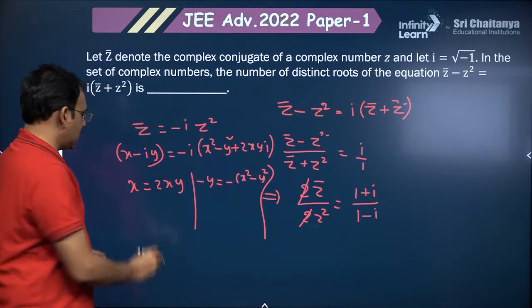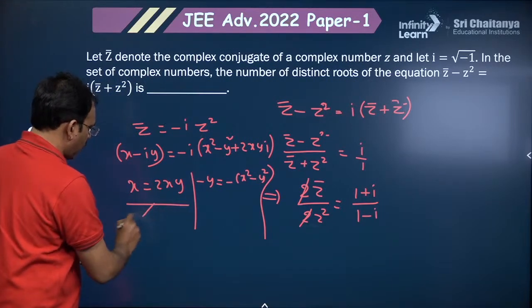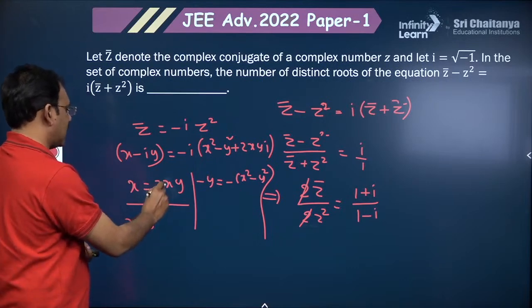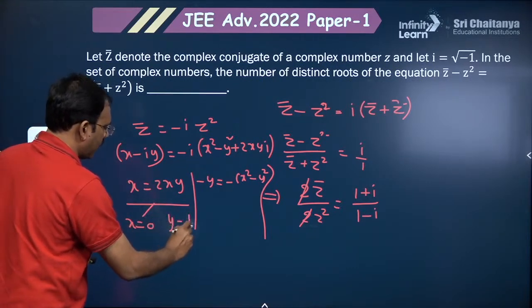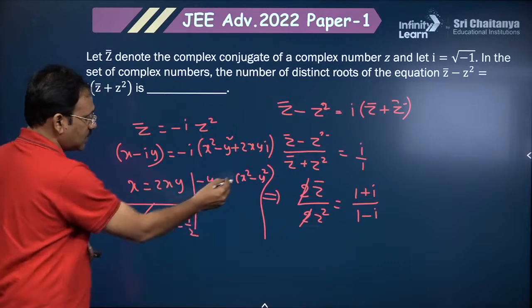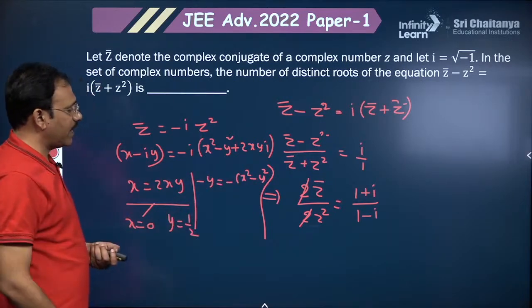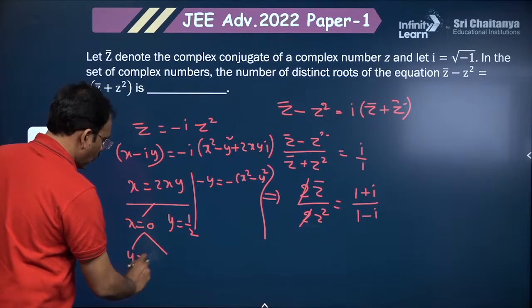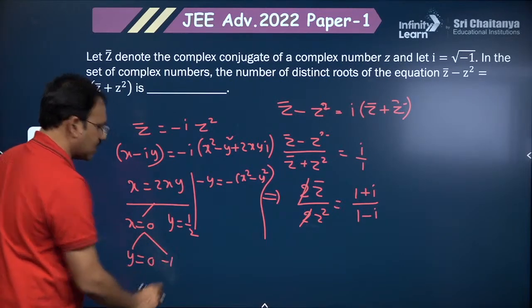From these two equations, friends, x has two possibilities, either x is 0 or the next step is y is equal to 1 by 2. If x is 0, friends, you are going to get minus y is equal to y square. y has two possibilities, y is 0 or y is minus 1.